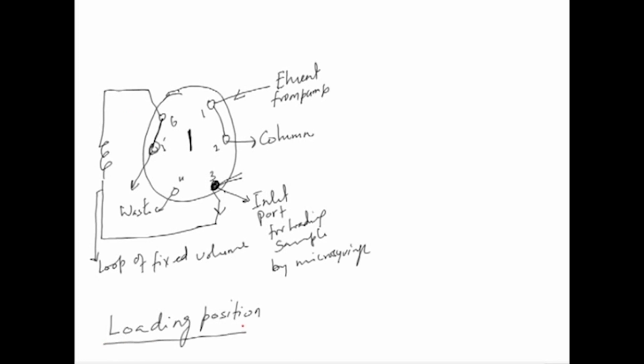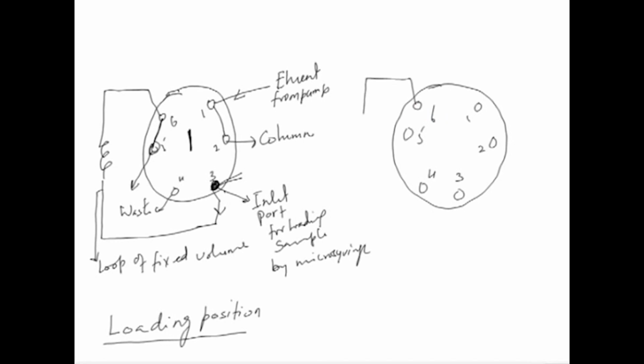Now, let us see how you inject it onto the column. What is the difference here? These are all the same, you have these ports here, 1, 2, and this is your loop here, and this is connected here.